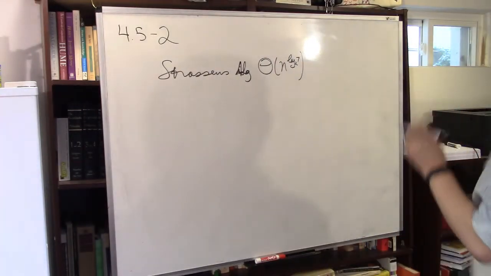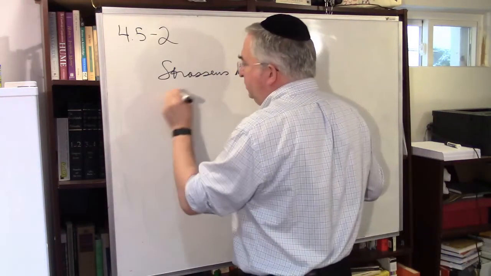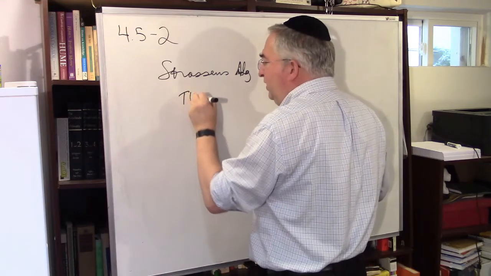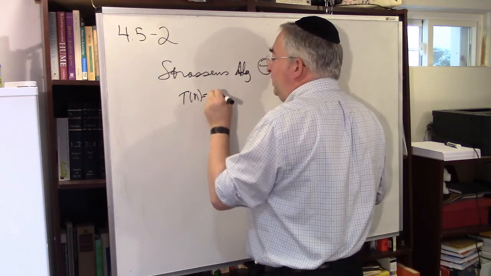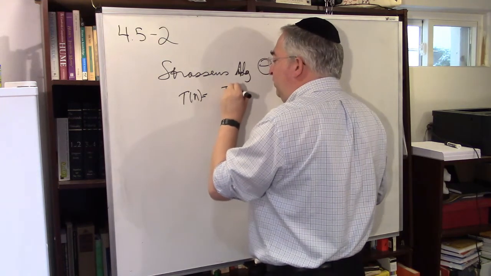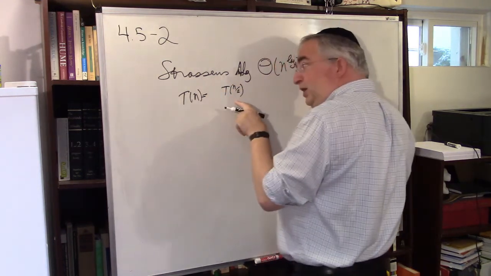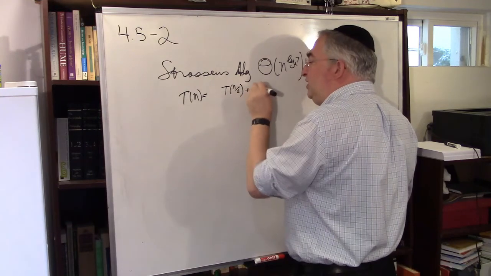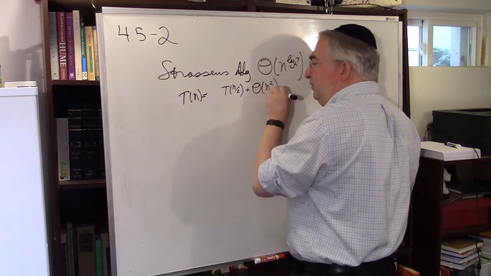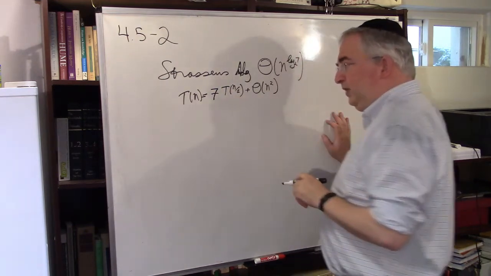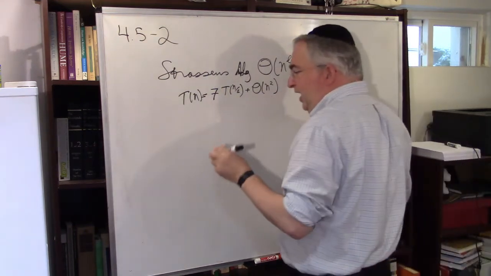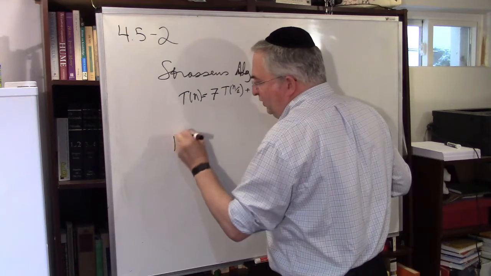So let's just remember what Strassen's was. Strassen's was T of n equals 7 T of n over 2 plus theta of n squared. But the main point is we had a 7 here. Now the guy who wants to do it does it as follows.